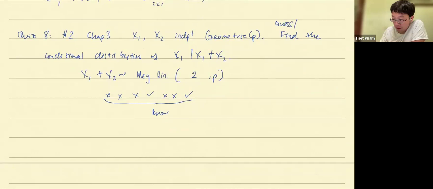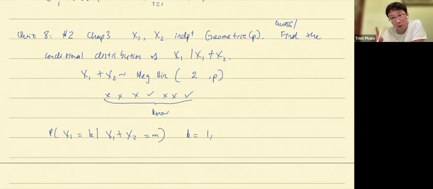All right, so let's see if the calculation helps. We compute the probability X1 equals k, conditioned on X1 plus X2 equals m. What values can k take? k can take any value from 1, no zero, because we need at least one trial before the first success.